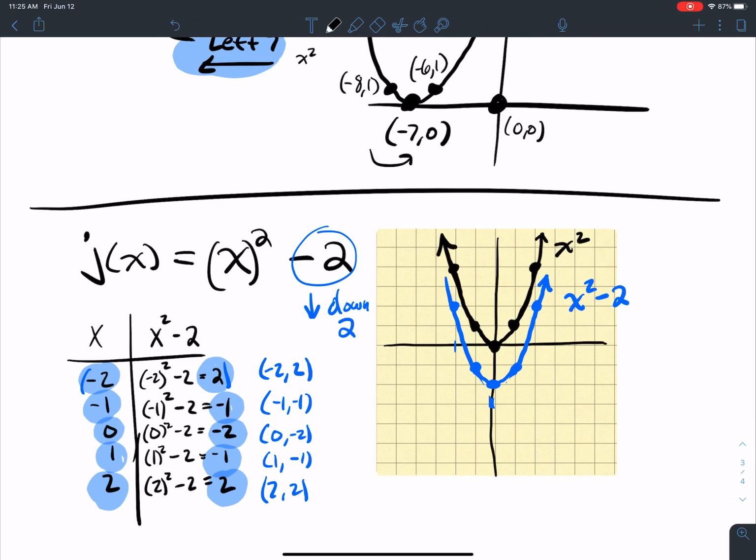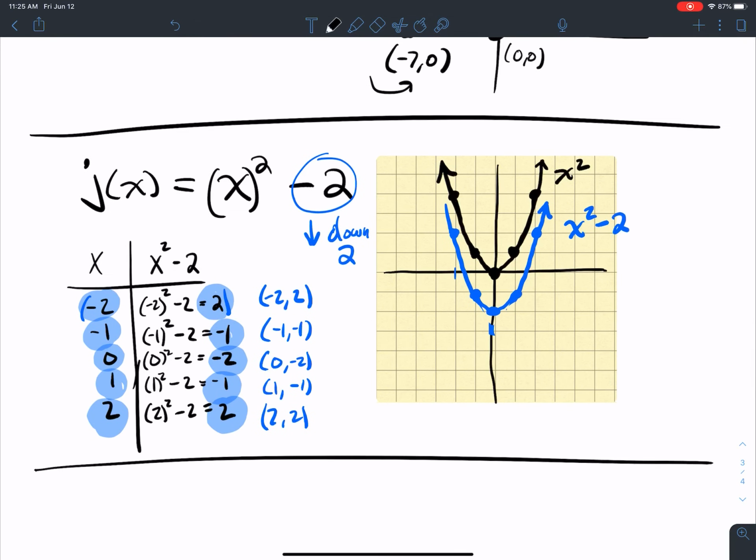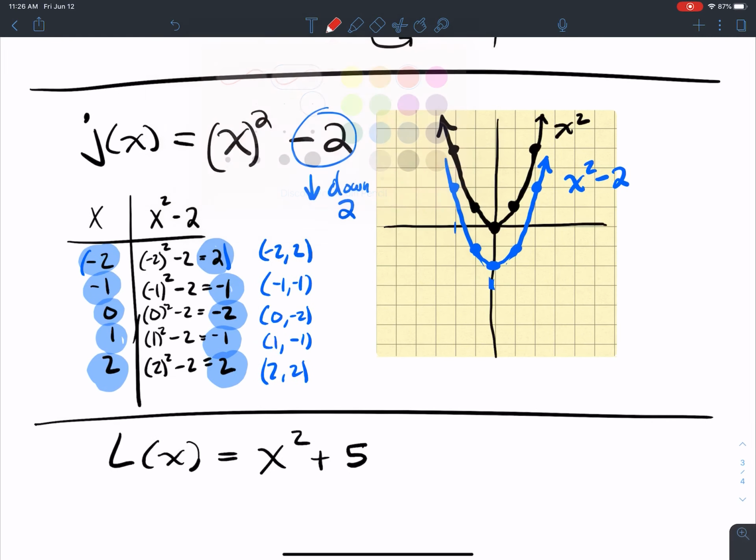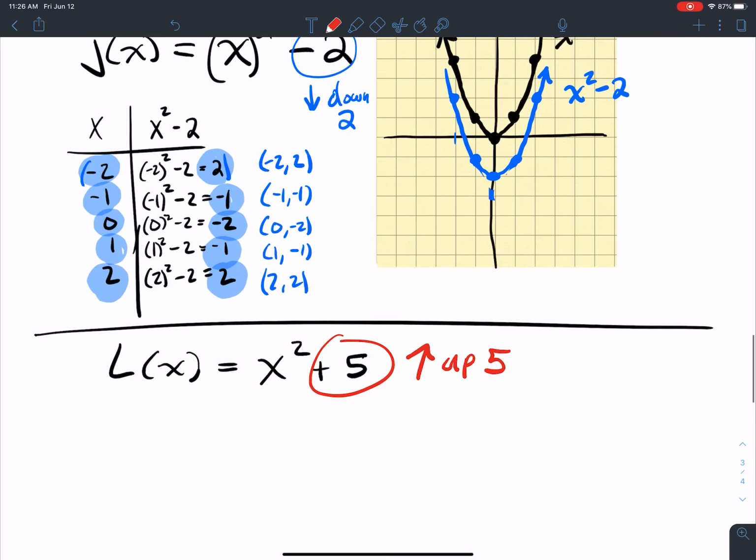Now say I have L of x equals x squared plus 5. What is this going to tell me to do? That plus 5 is going to tell me to go up 5. Okay, up 5.